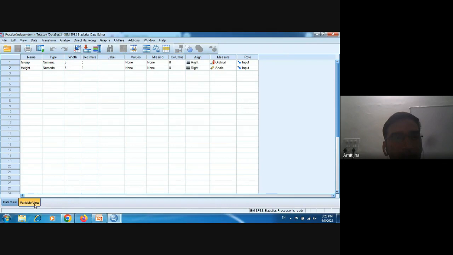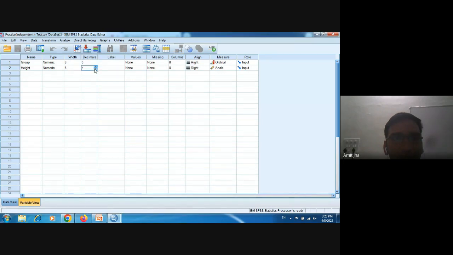Now in variable view, we have two things. First is group and second is height. This is numeric. Width we can change, but it doesn't require it, so we will leave it as such. For decimals, we will make it 0 for group, because group is always 1, 2, 3 like that.